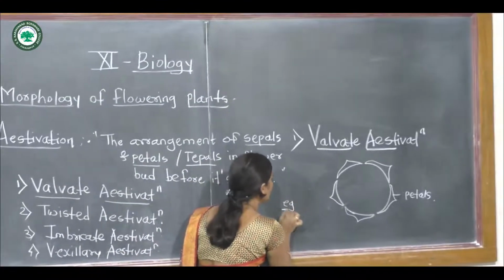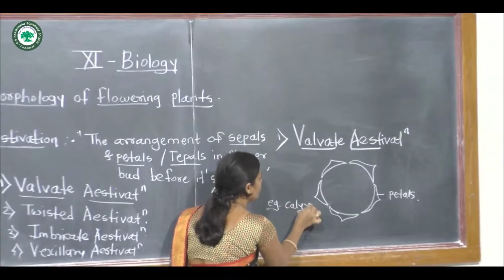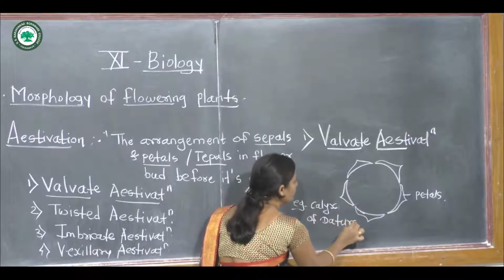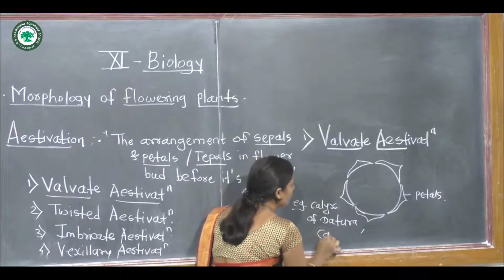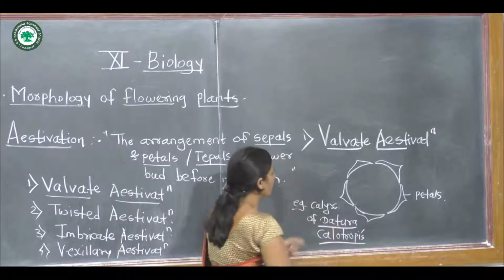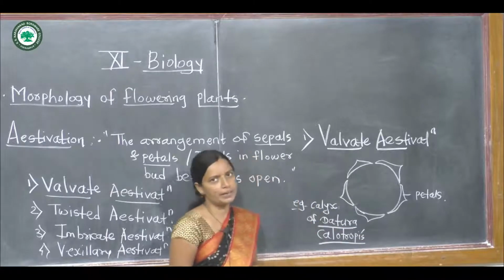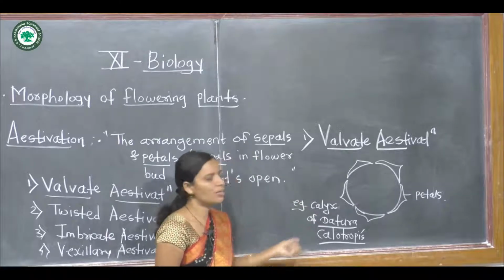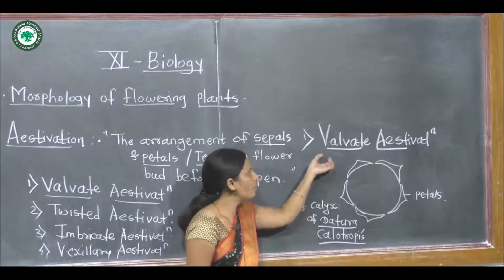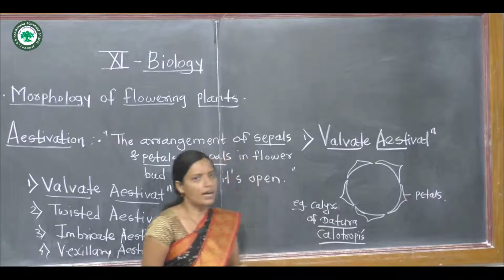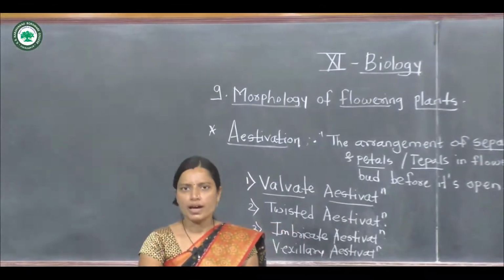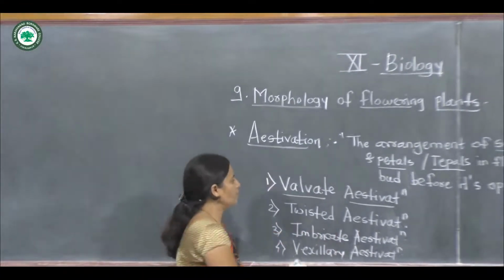In these flowers the arrangement of the calyx is valvate. This means valvate estivation is present in Datura and Calotropis.